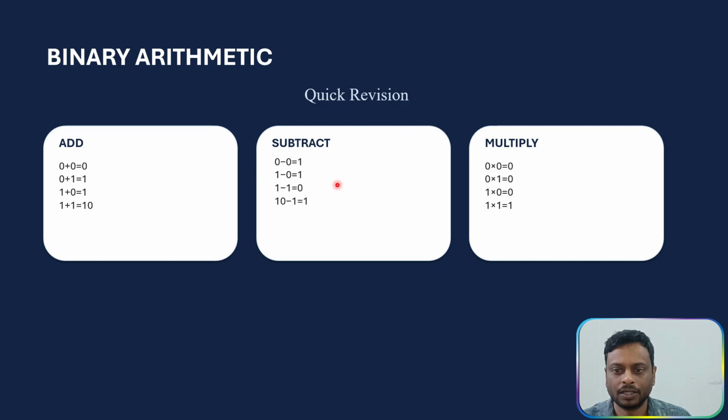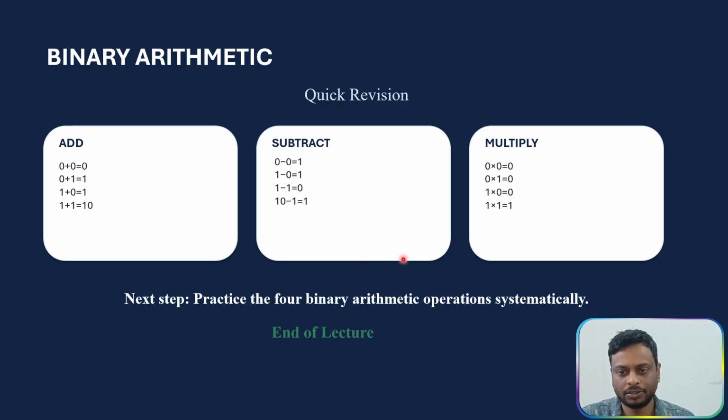For multiplication, any quantity multiplied by 0, the result will be 0. 1 multiplied with 1 will be 1. And division works the same way as decimal division, only 0 divided by 0 and 1 divided by 0 are not allowed in the division process.